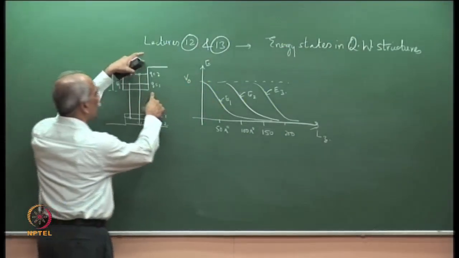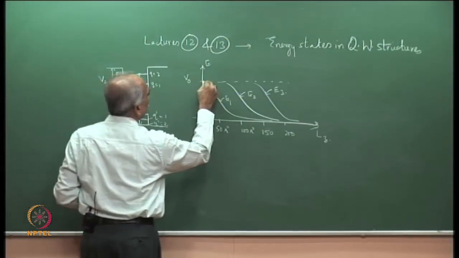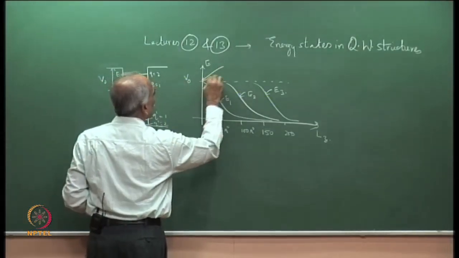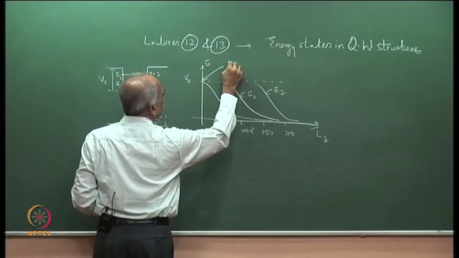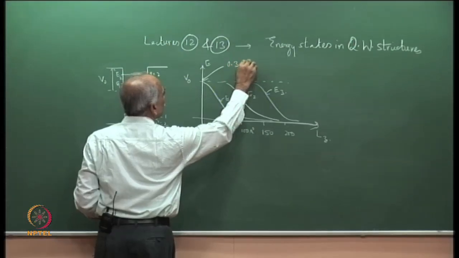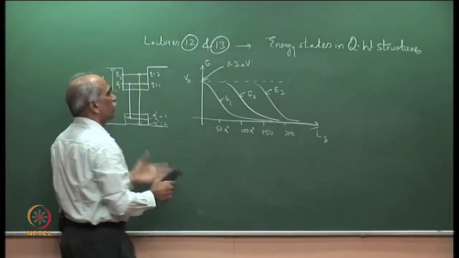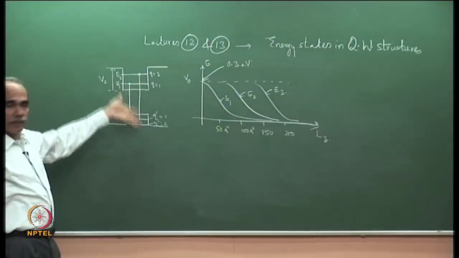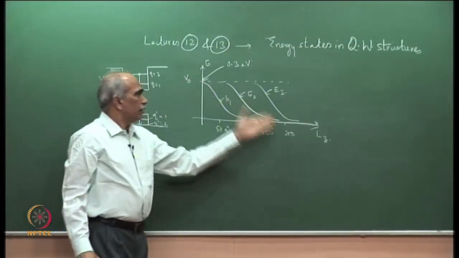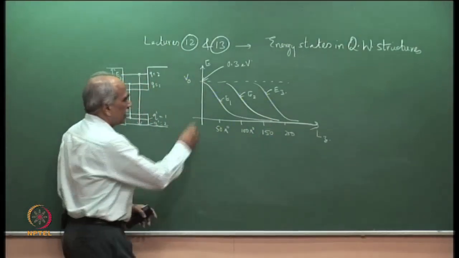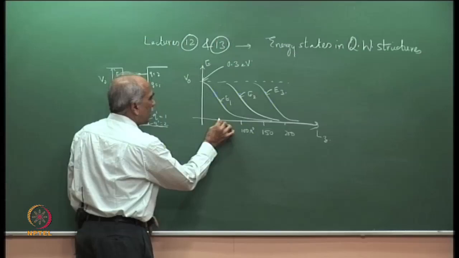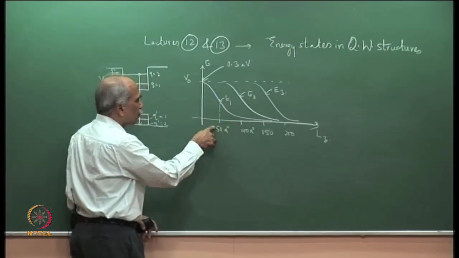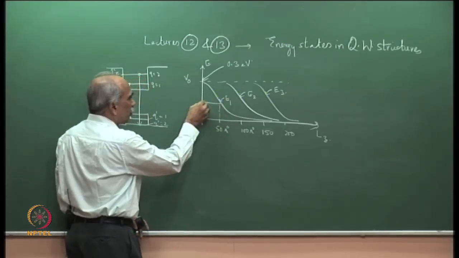And what could be V0? V0 could be 300 MeV, or 0.3 eV, for example, or 0.4 eV, 0.5 eV, that kind of numbers we will get. And what we see is the allowed value, which means if you take the well width as 50 angstrom, then this is the value of E1.